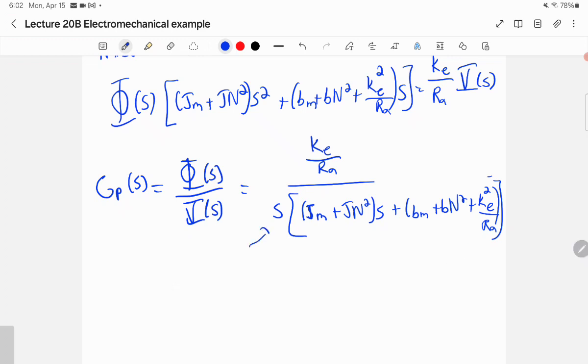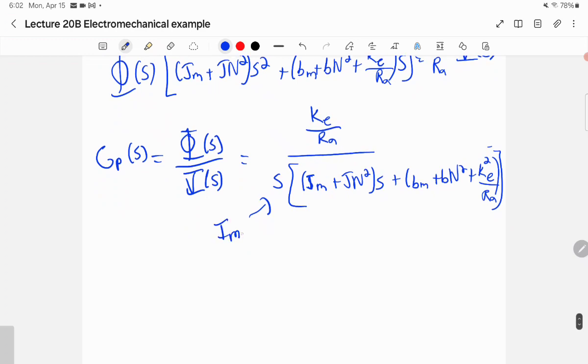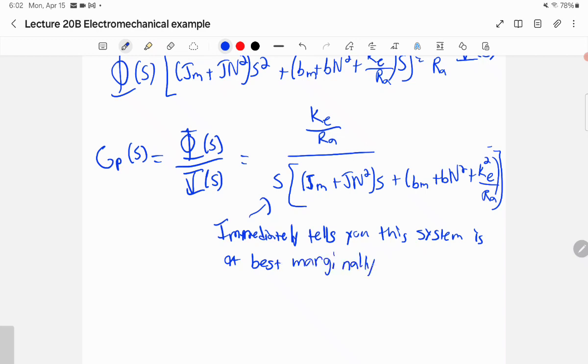So this should immediately tell you that your system is at best marginally stable, right? Because I can factor out that S. So that means that one of the poles is 0.